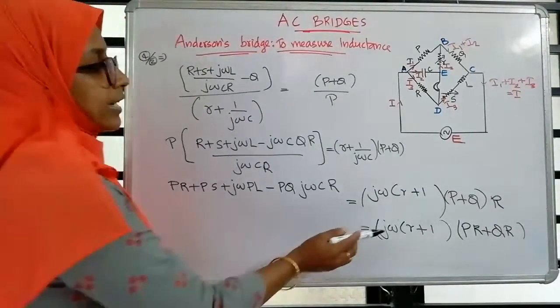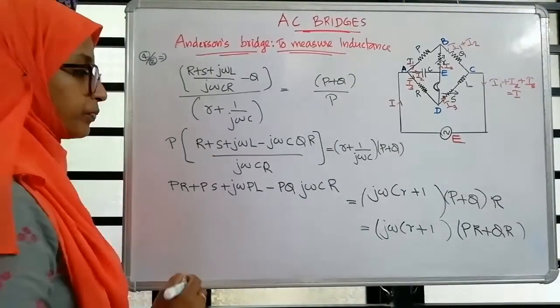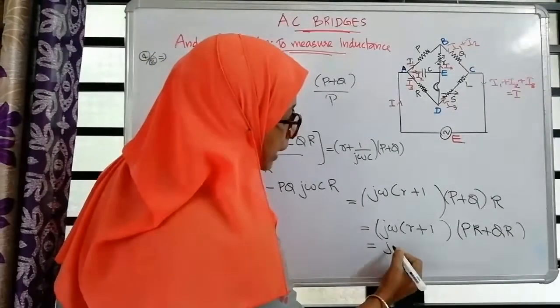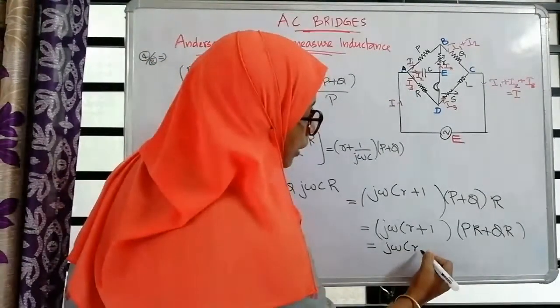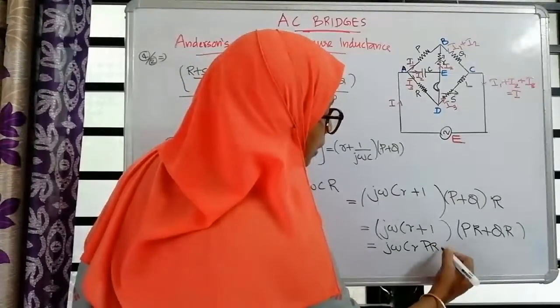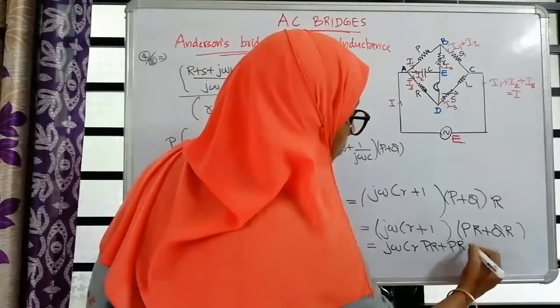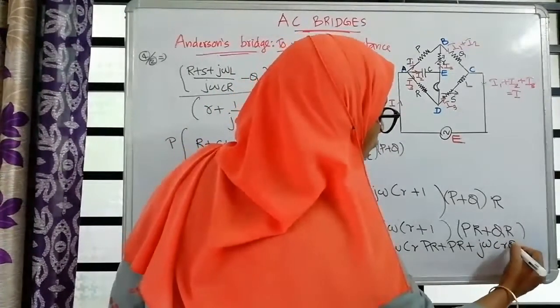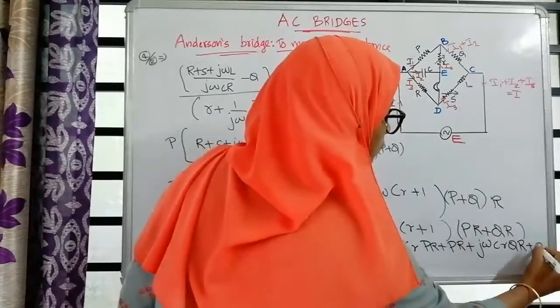Now, we can expand the RHS also. This is equal to j omega CR into PR plus PR plus j omega CR into QR plus QR.